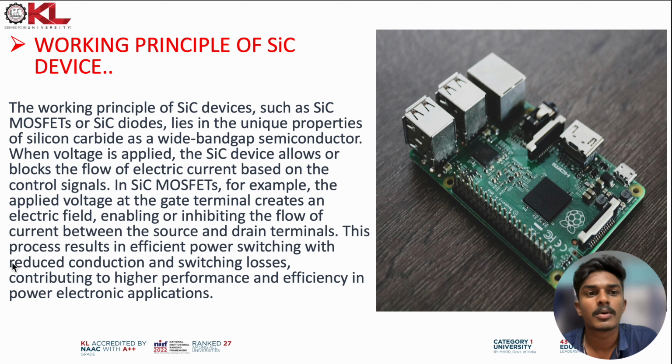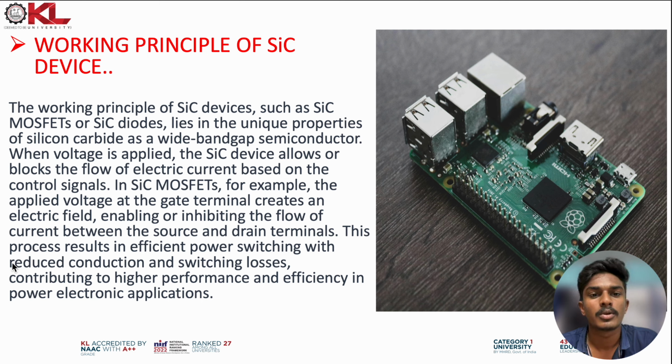Working principle of silicon carbide devices. The working principle of silicon carbide devices such as silicon carbide MOSFETs or silicon carbide diodes lies in the unique properties of silicon carbide as a wide bandgap semiconductor. When voltage is applied, the silicon carbide device allows or blocks the flow of electric current based on control signals.